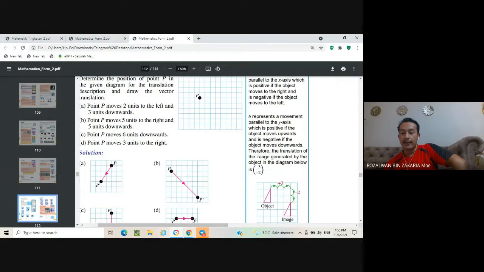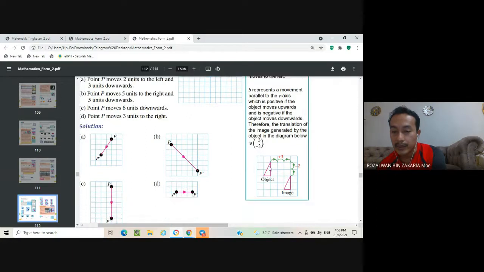Therefore, the translation of the image generated by the object in the diagram below is in brackets 3, minus 2. Because, let's say we look at this point here. So 3 means the movement parallel to the x-axis, positive 3. That means move 3 units to the right. So 1, 2, 3. Then after that, minus 2 refers to the movement parallel to the y-axis.